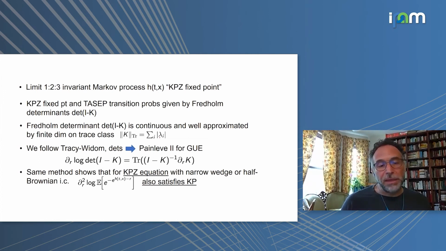Exactly the same method, because they were also given by determinants, shows that the log derivatives of the generating functions for the cases I showed you for KPZ also satisfy the KP equation, which is a huge mystery. This is true for a narrow wedge, and it's true for half Brownian.